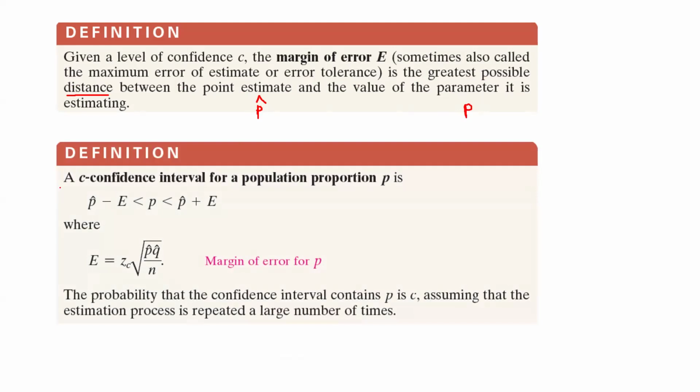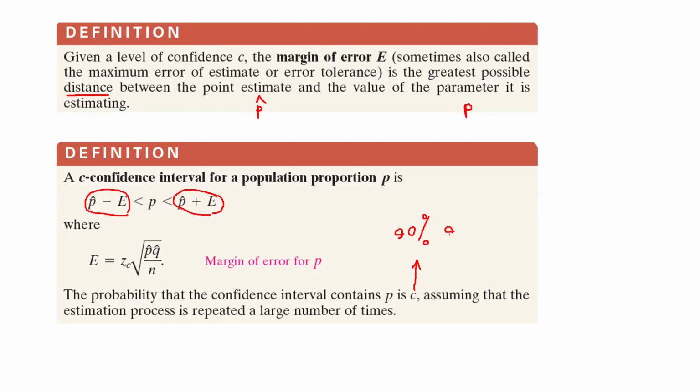Now you can build the C confidence interval for population proportion P, which is given to you as P hat minus E and P hat plus E. The formula to calculate E, or the margin of error, is ZC times the square root of P hat Q hat divided by N. Well, the probability that the confidence interval contains P is C, 90%, 95%, 99%, and so on, depending on the question.